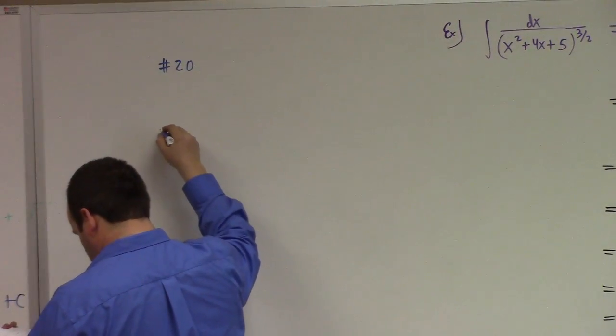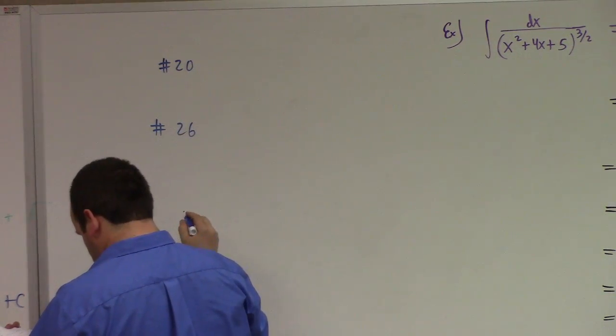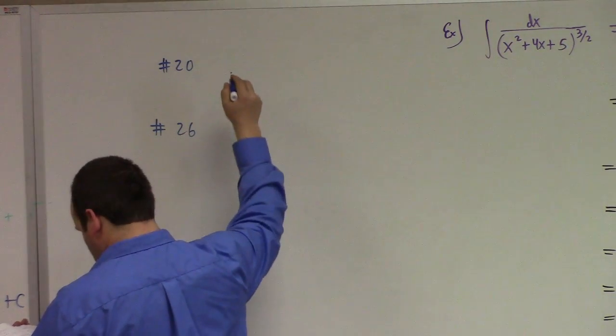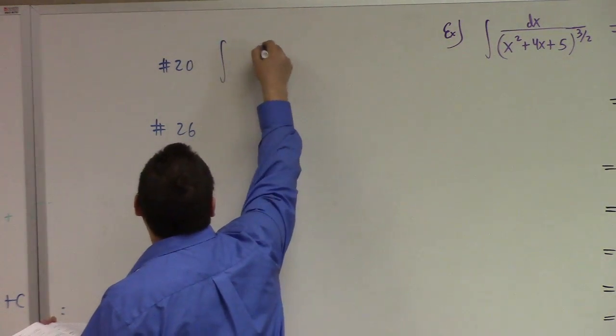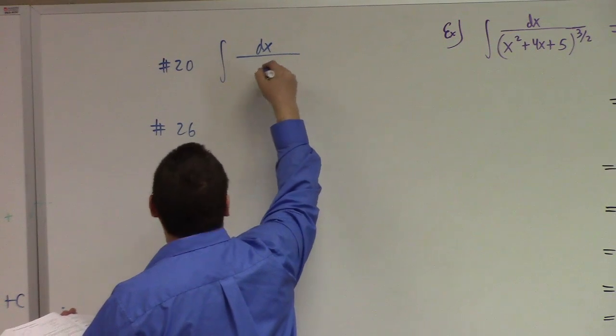Let me just run through a couple examples. Number 20. Number 26. I'll just do these 2. I'm not going to do them, I'm just going to suggest a substitution. You guys tell me what it should be.